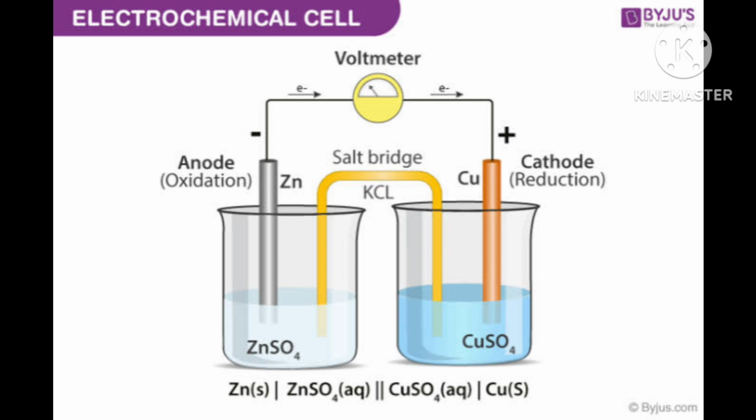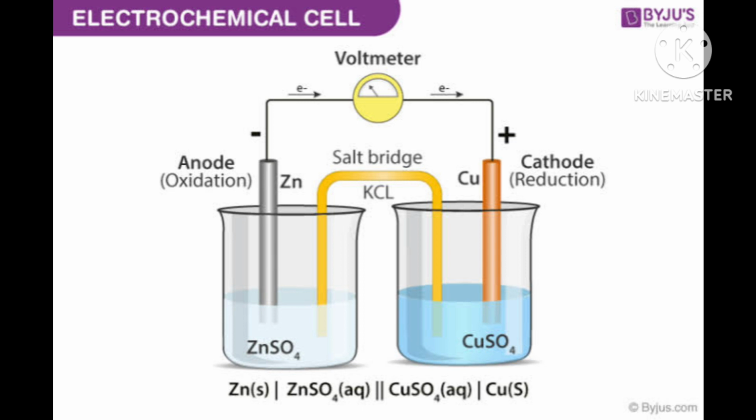That is called standard EMF, electromotive force. Standard means temperature and pressure should be fixed. Third thing here, molar concentration should be 1 unit. Unity means 1 mole per liter. Both sides, cathode side also, anode side also. Both electrolytic solution concentrations must be 1 mole per liter. Then it is called standard electrode potential.